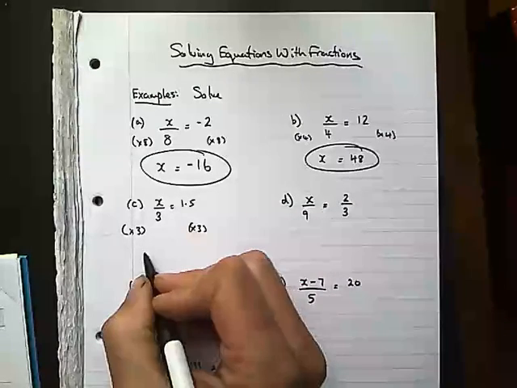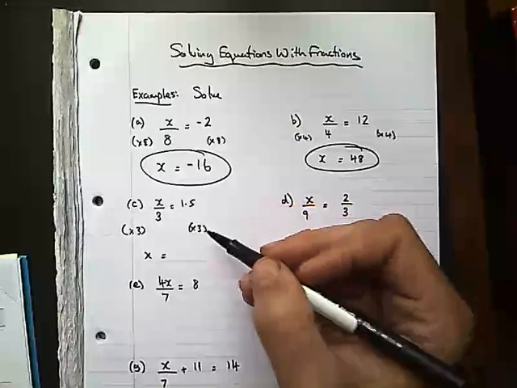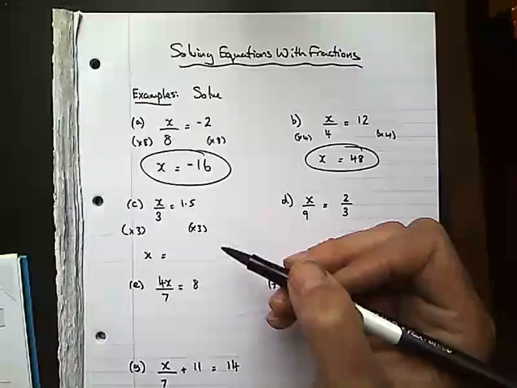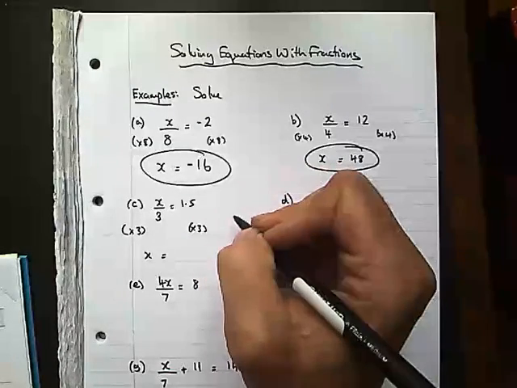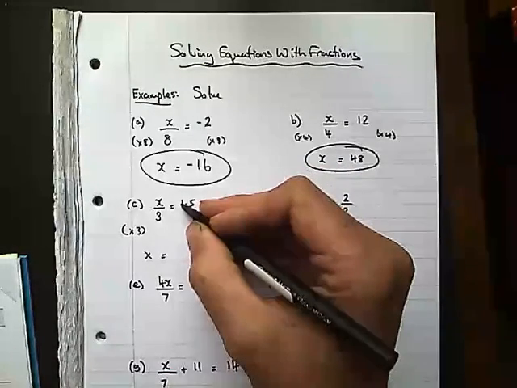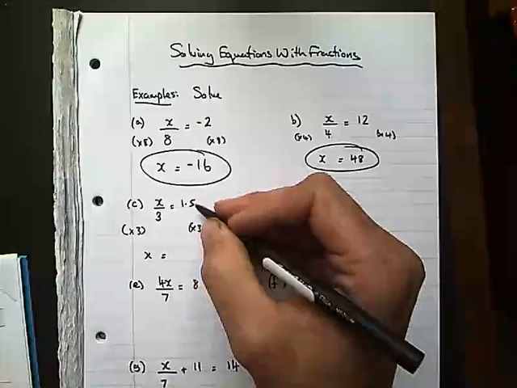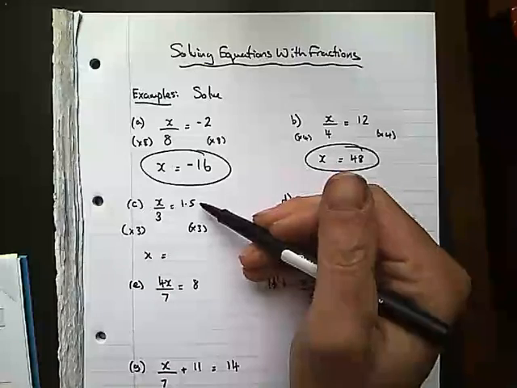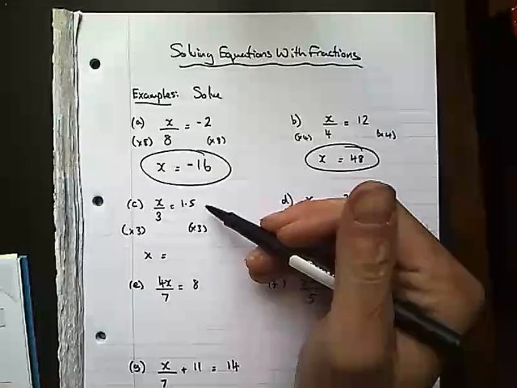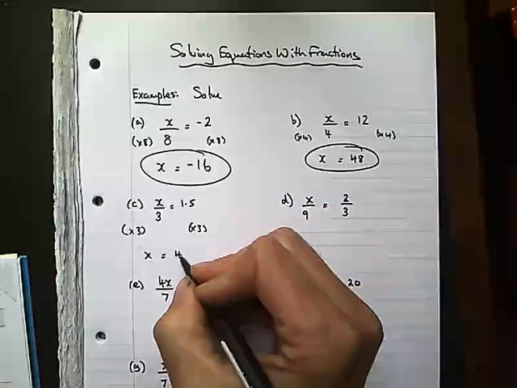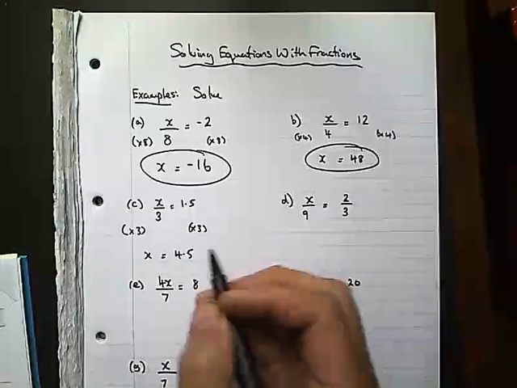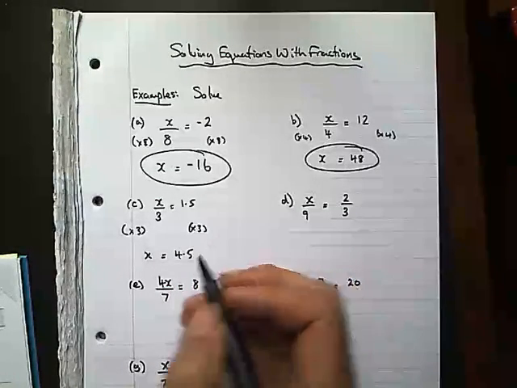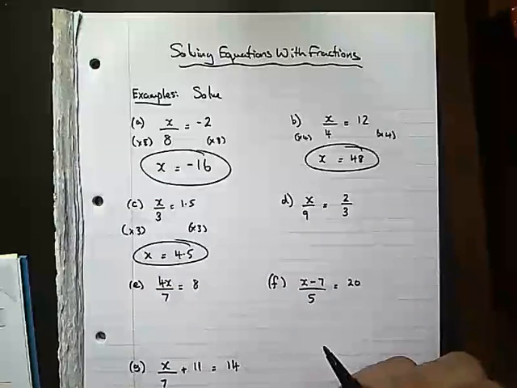I'm going to be left with x. So I want 3 lots of 1.5. Well, you can do 3 lots of 1 is 3, 3 lots of 0.5 is 1.5, 3 plus 1.5 is 4.5. Okay, so all we're doing is multiplying 1.5 by 3, and there we get our solution.